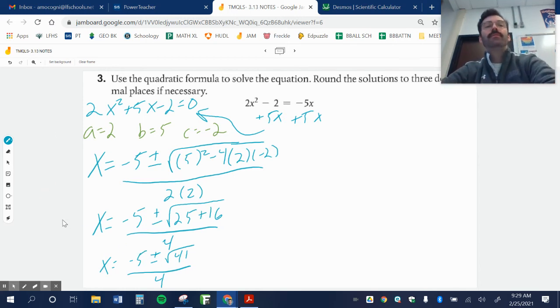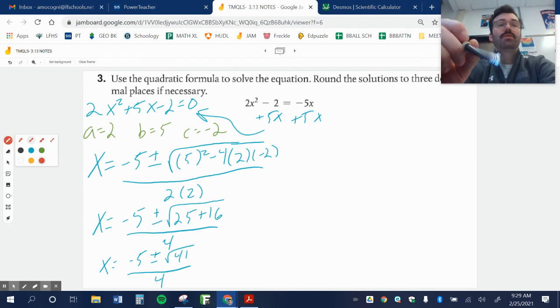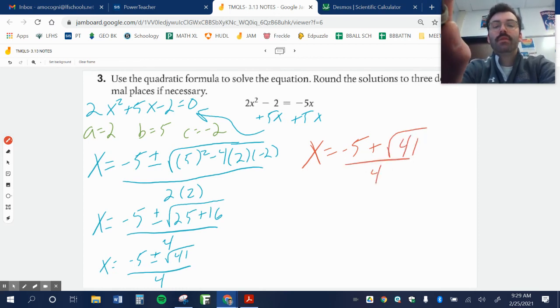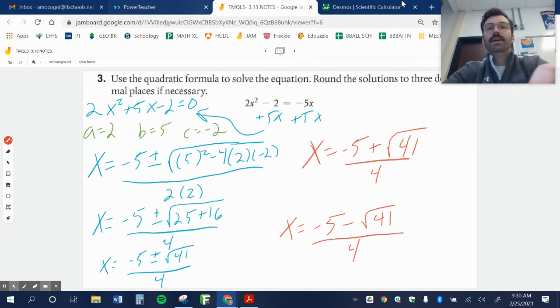Okay, so just like last time, I need to split it. Unfortunately for us, there is not a square root of 41. So x equals negative 5 plus root 41 over 4. Then x equals, and I'm going to show you how to use a calculator to do this. I'm going to use Desmos.